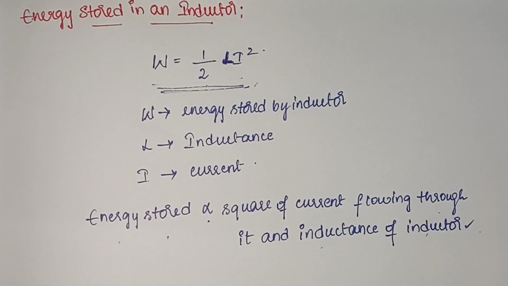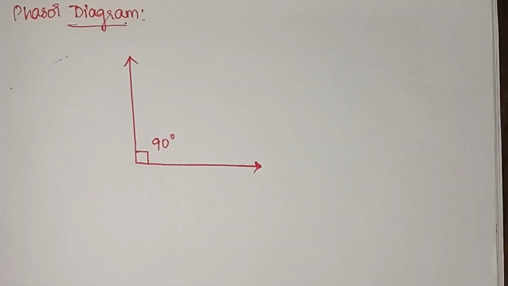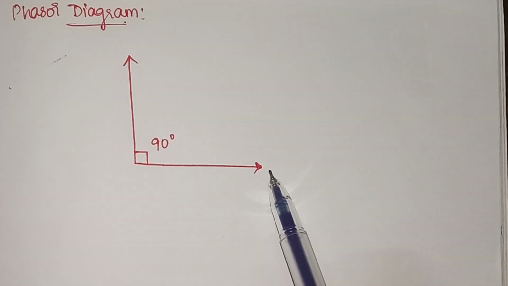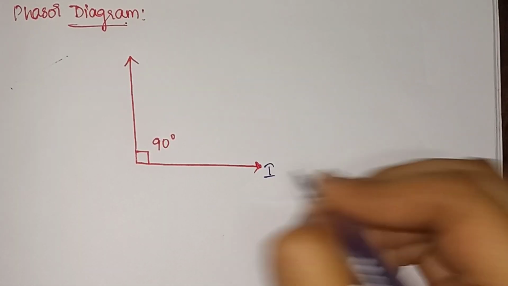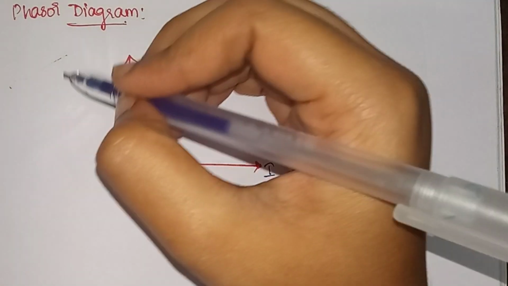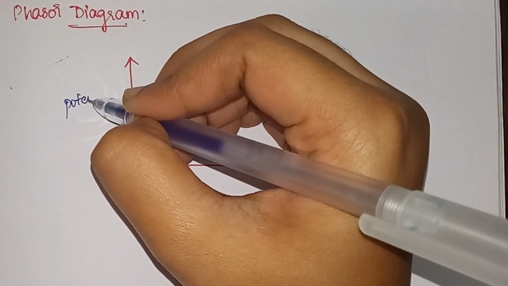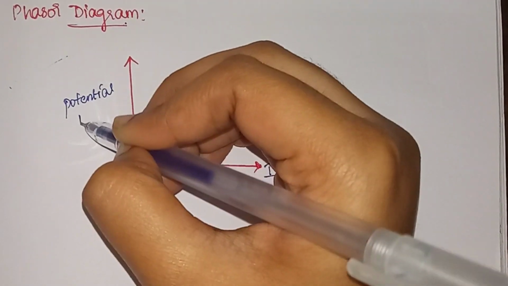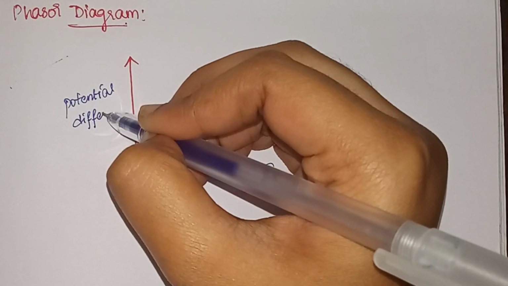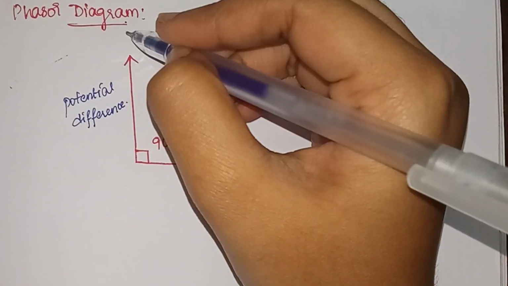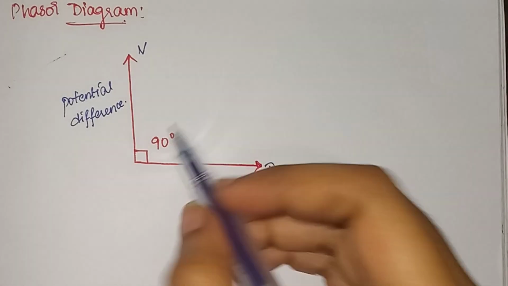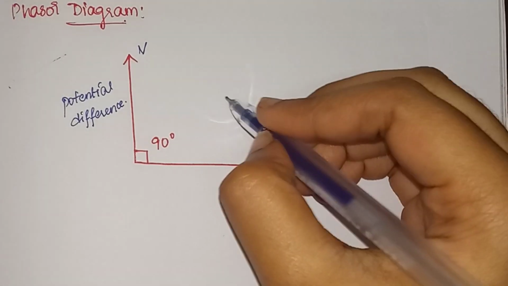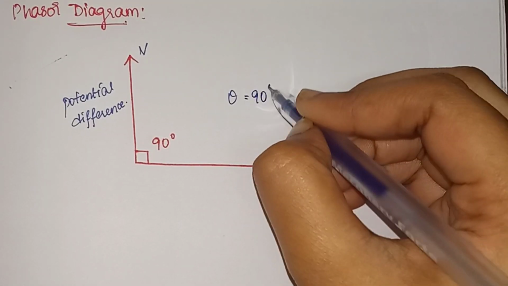And now let's see the phasor diagram also. So this is the phasor diagram, but I don't know what this axis represents and this axis represents. This axis generally represents your current, and this axis generally represents your potential difference, which is nothing but your V. So now by seeing this diagram, we can say that our theta will be 90 degrees.